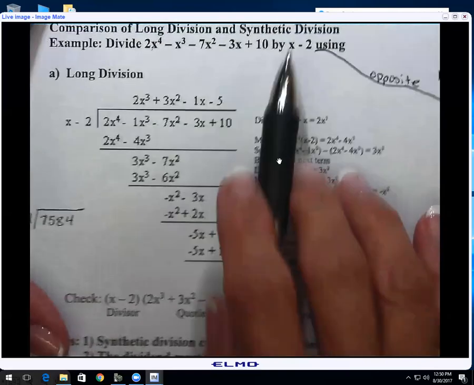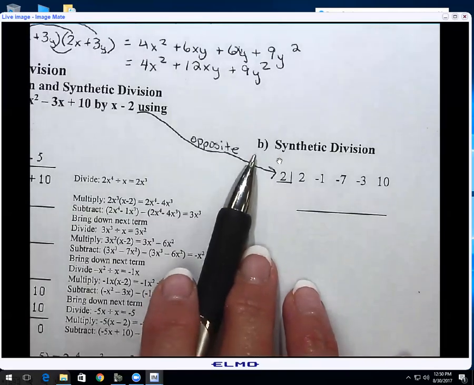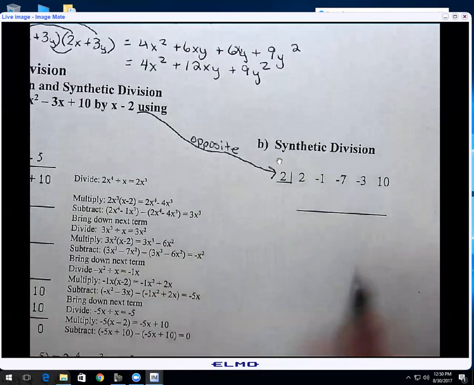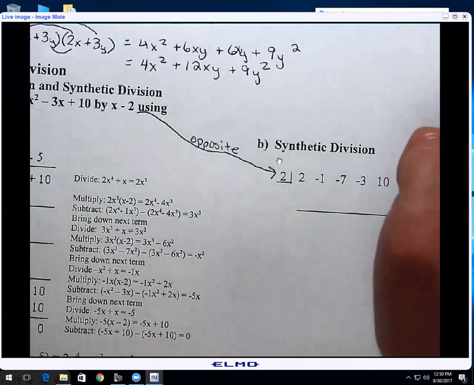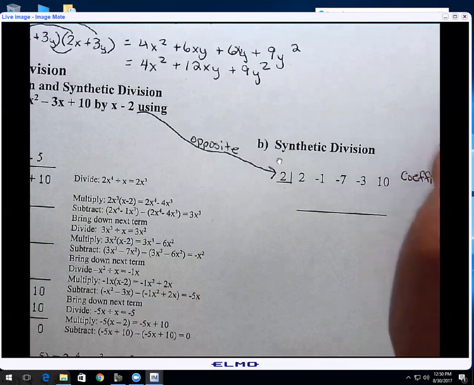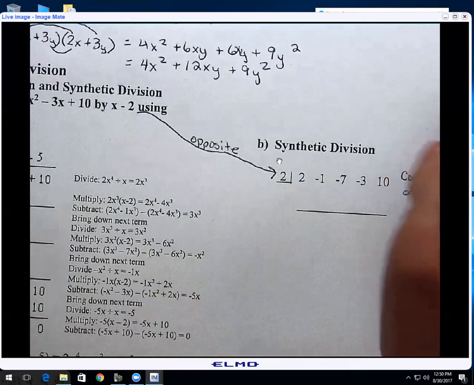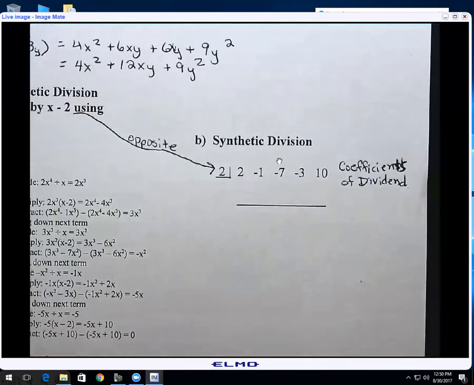So if you're dividing by x minus 2, you put a positive 2 in that little box. Out beside that box, you put the coefficients of the dividend, the thing that you're dividing into.